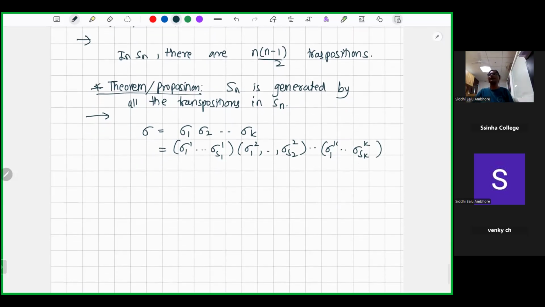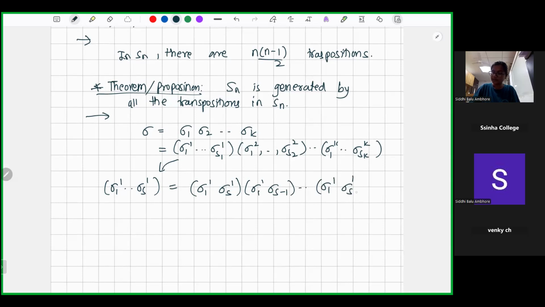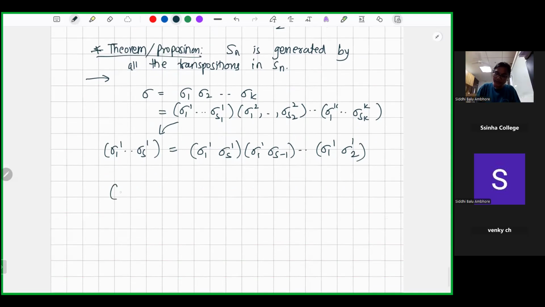If we write this, then each of these cycles, sigma 1,1 to sigma S1,1, we can write in this form as a product of transpositions, sigma 1 sigma S1, sigma 1 sigma S minus 1, and so on, descending.